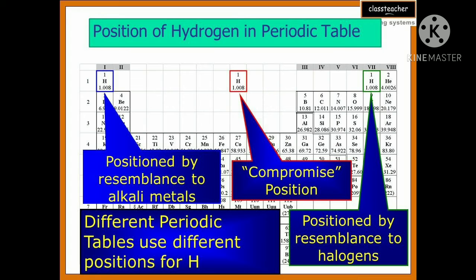Now here we will come to know about the dual nature of hydrogen, as hydrogen has the simplest electronic configuration of 1.